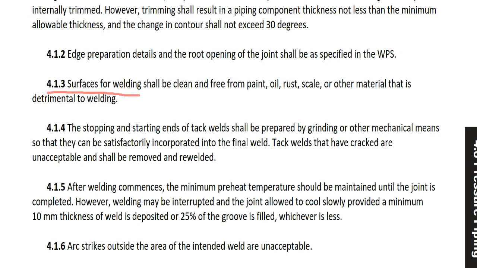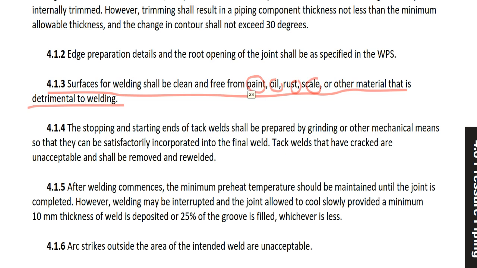4.1.3 Surface for welding should be clean and free from paint, oil, rust, scale, or other material that is detrimental to welding. The welding joint surface of the weld should be free of paint, oil, rust, scale, other material that is detrimental to welding.